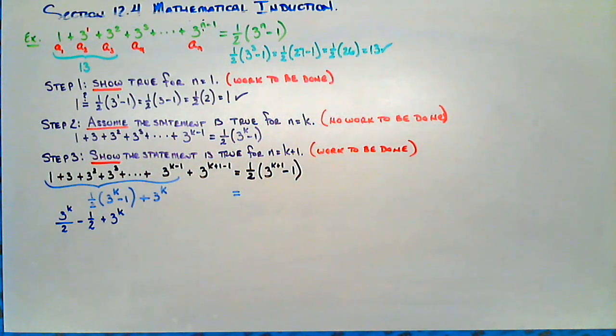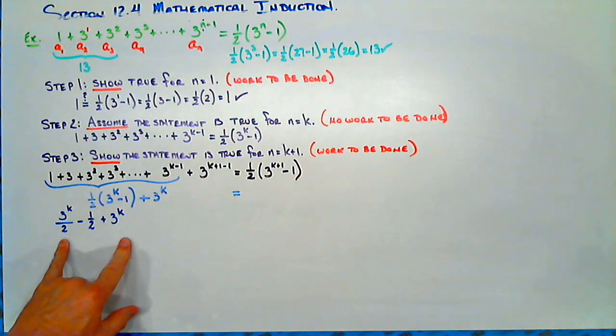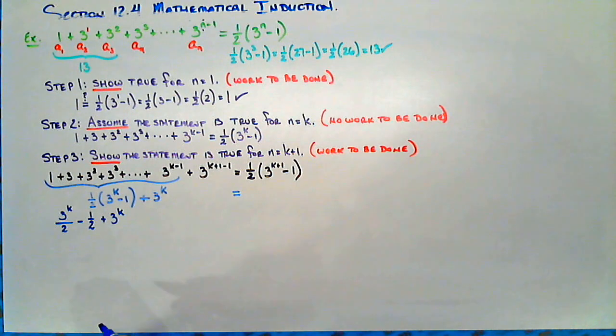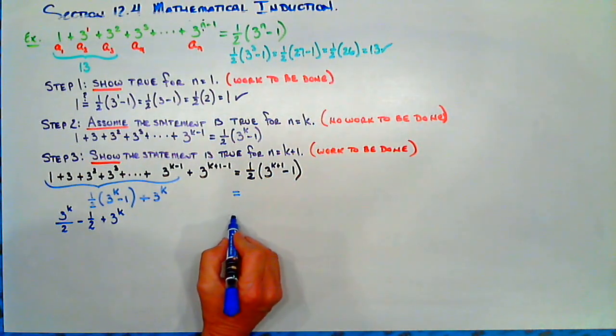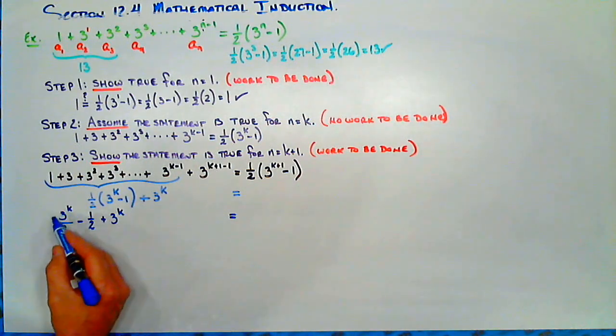All right. Now, when we do mathematical induction problems, we get to do some very interesting algebra, and this is one of those cases. I'm going to rewrite this now, and let's see if we can follow along on what's about to happen. We're hoping that's going to be equal to this.